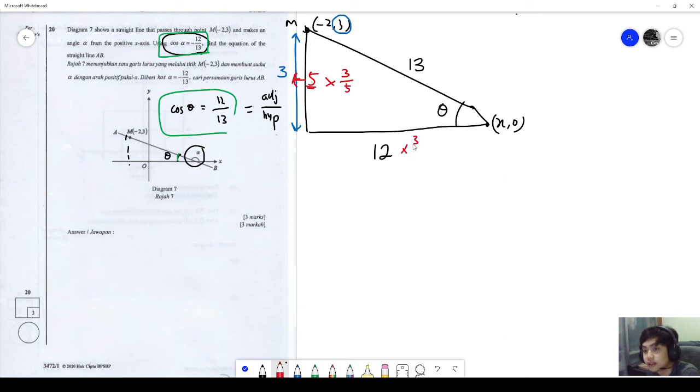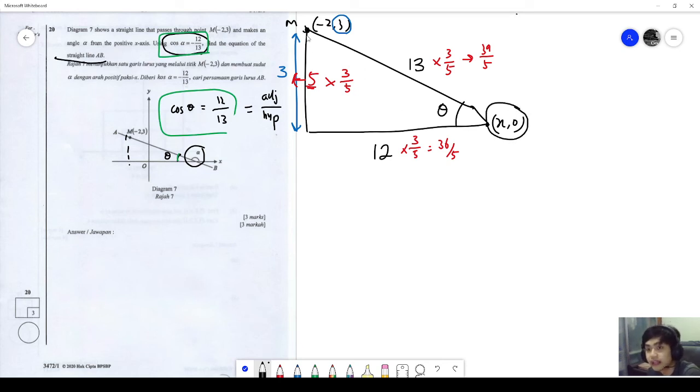So all of these quantities need to be multiplied by 3 over 5 to scale it down. So now my hypotenuse is 39 over 5 and my adjacent is 36 over 5. Right? So this is important because we need to follow the scale so that we can actually get the correct coordinate in this case. They want us to find the equation of straight line AB, so I should find the coordinate of this first now.